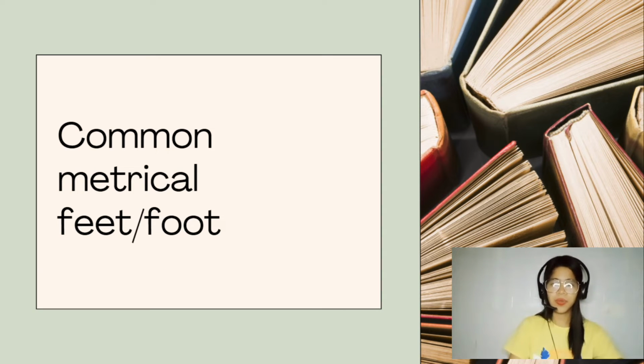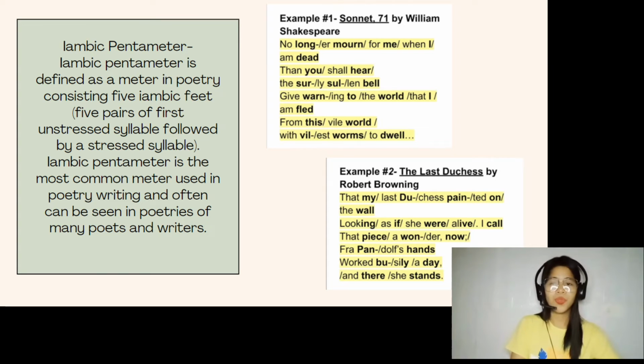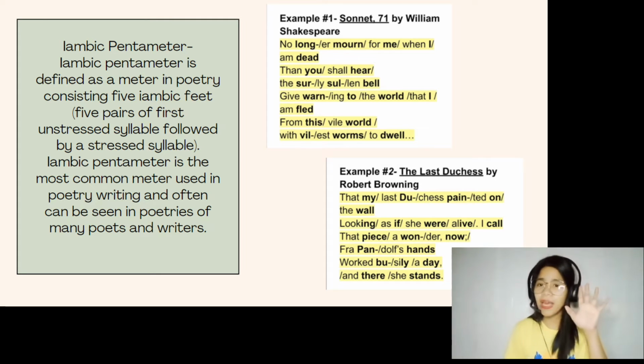Next, we are going to learn the common metrical feet. First, we're going to learn iambic pentameter. What is iambic pentameter? Iambic pentameter is defined as a meter in poetry consisting of 5 iambic feet. Usually, those 5 pairs are a first unstressed syllable followed by a stressed syllable.